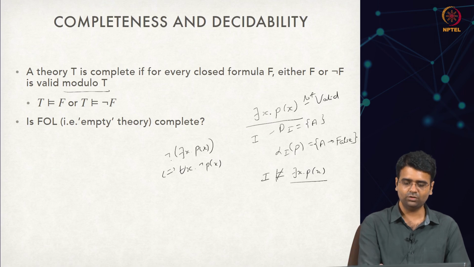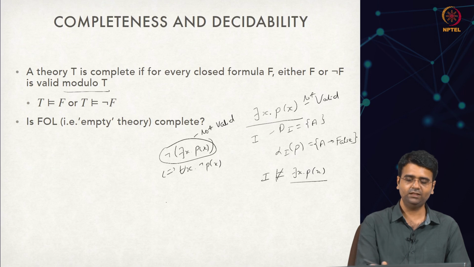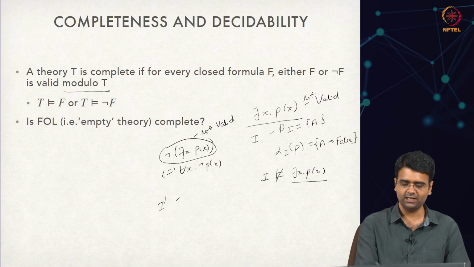So how do I show that this particular formula is not valid? I need to show a falsifying interpretation, an interpretation which is not a model of this formula. So let's consider the same kind of interpretation I prime, where my domain only contains one element, but the assignment for P assigns a to true.